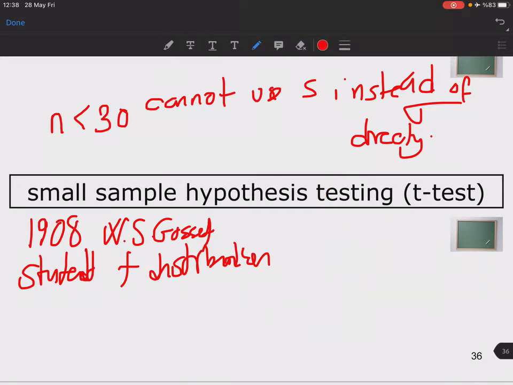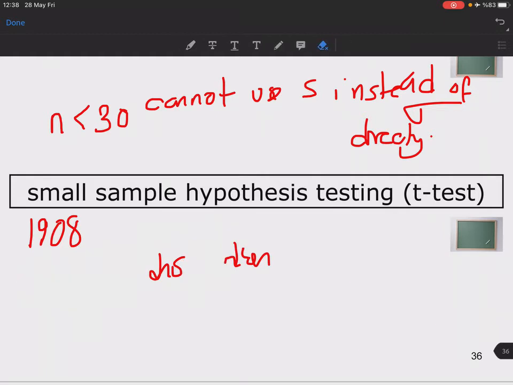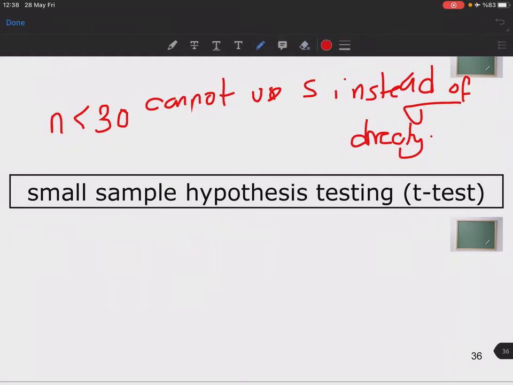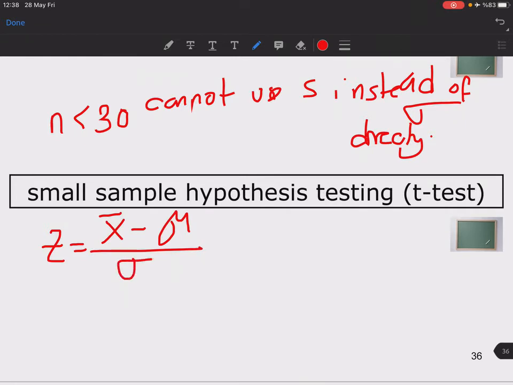We're talking about a table like this, and what you have here for your Z will be x minus mu over sigma over square root of n, right?